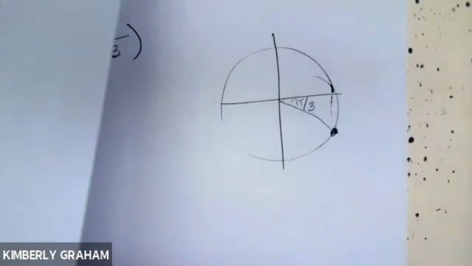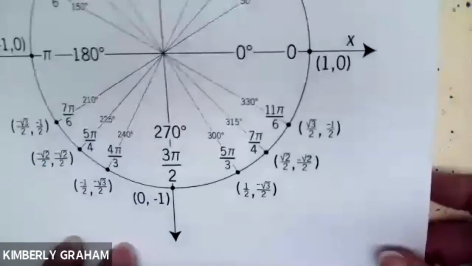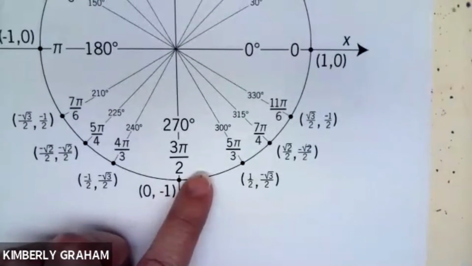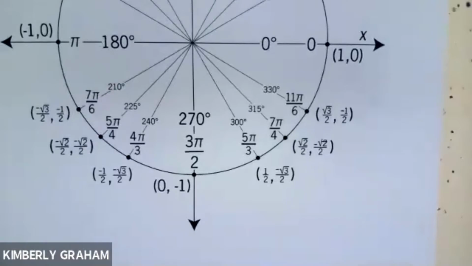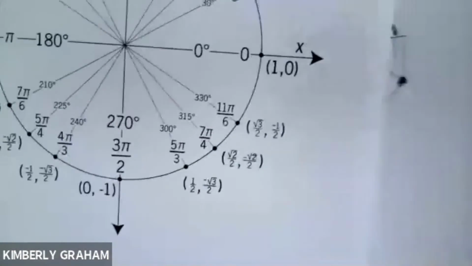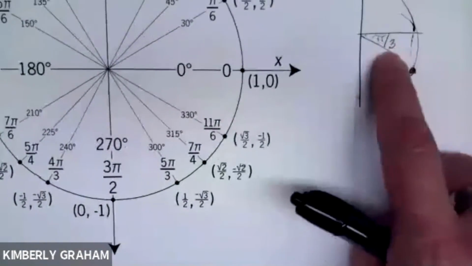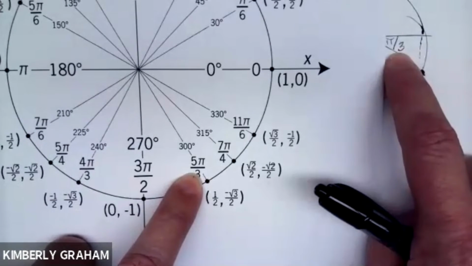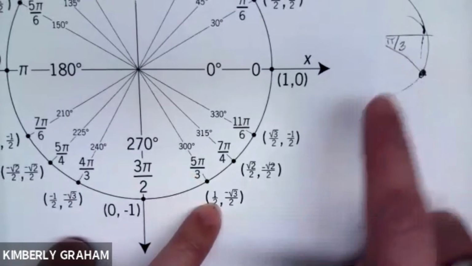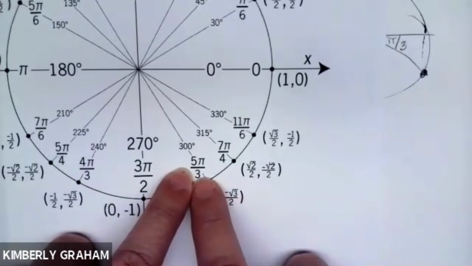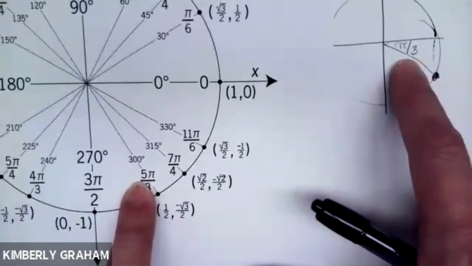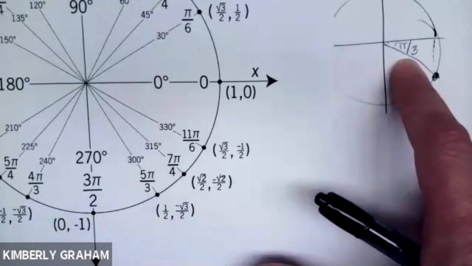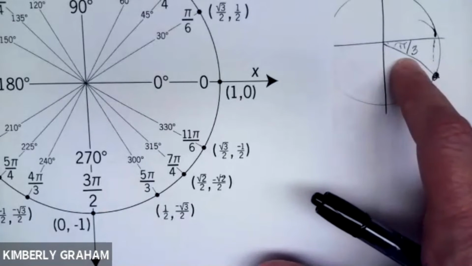Okay. Let me go back to this. So this says pi over 3. That would be equivalent to 5 pi over 3. I'm not going to name this angle pi over 3 because obviously it's not an acute angle.